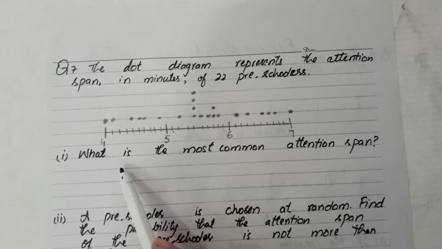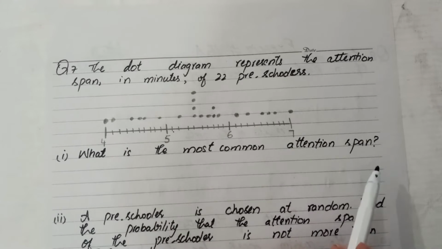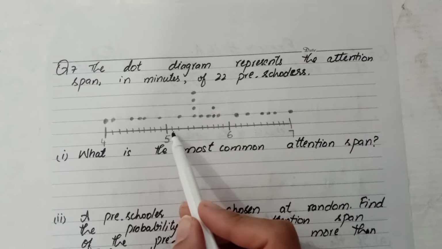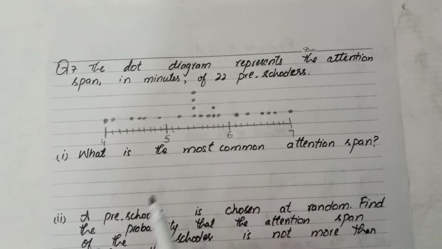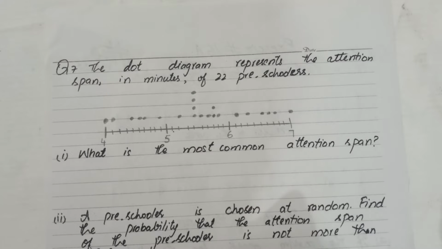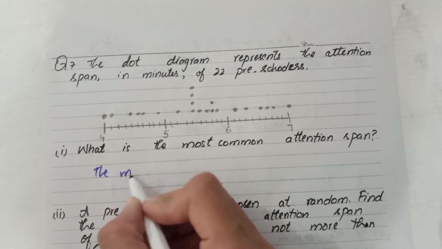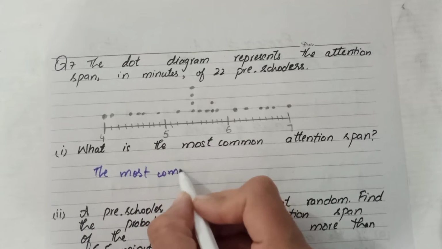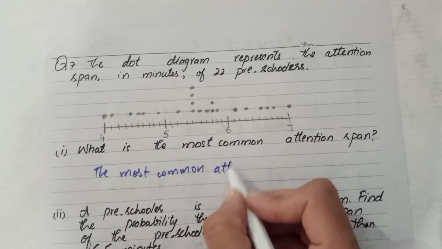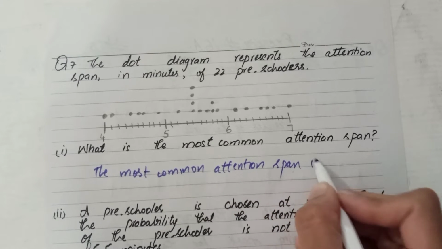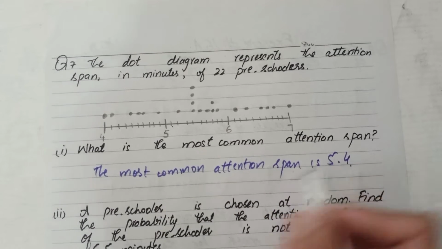In part number 1, we have to write what is the most common attention span. The most common attention span is this one, and that is 5.4. The most common attention span is 5.4.